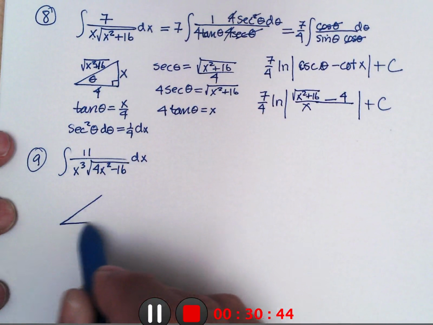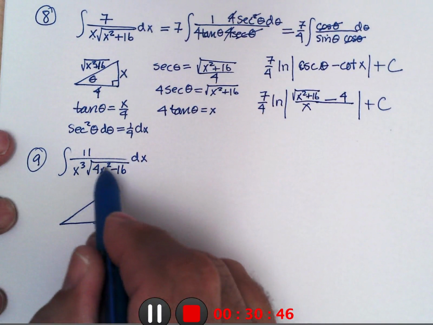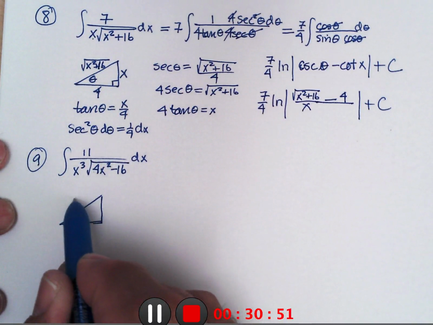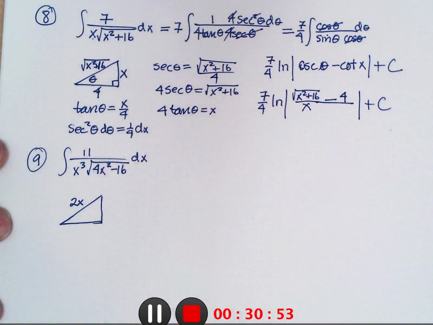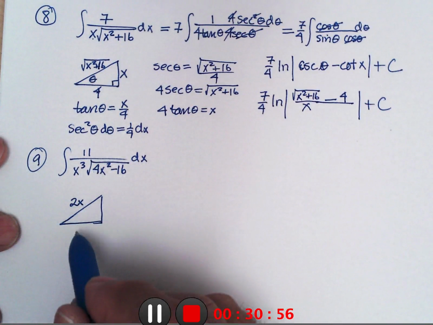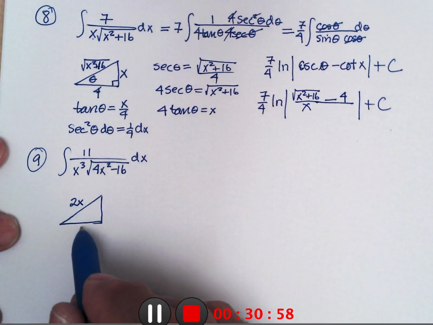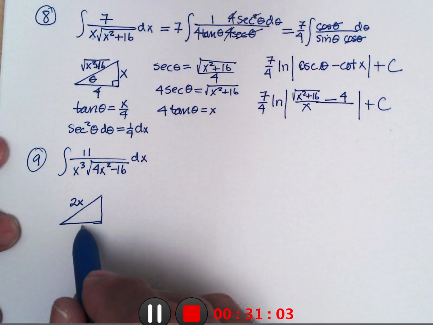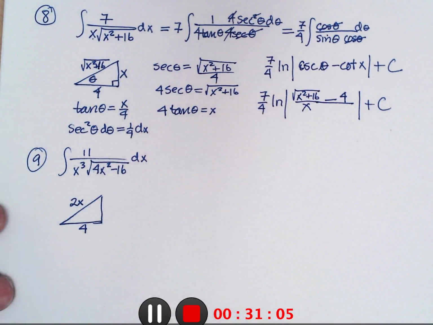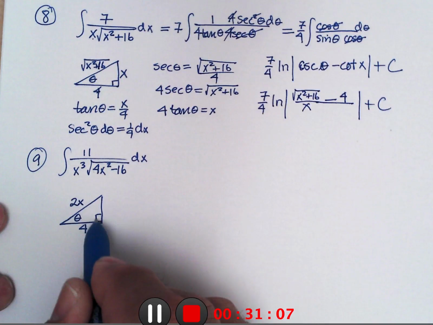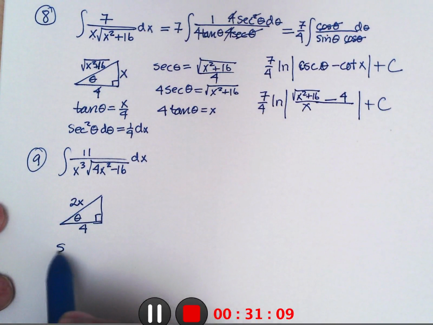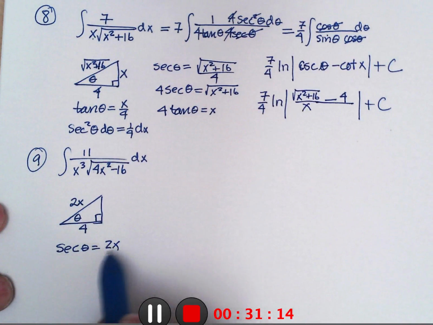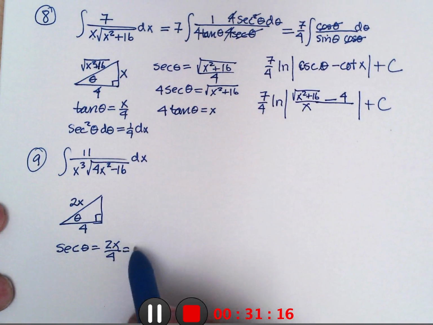That is got to be the long one, which goes on the hypotenuse, so it's got to be 2x on the hypotenuse. So we do the 4 on the, if we're going to do secant, we put it here, so that the secant of theta is 2x over 4, which is just x over 2.